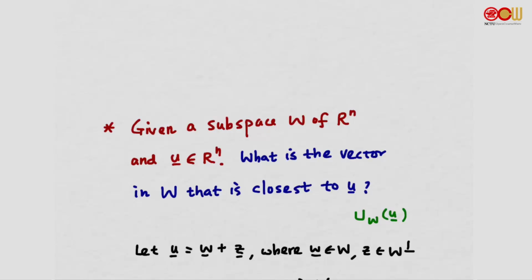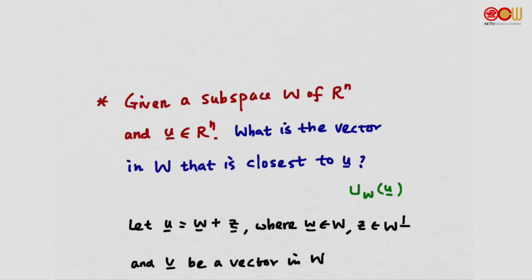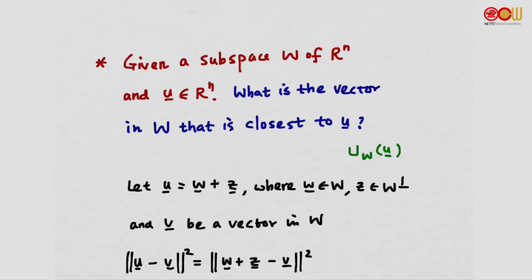For an arbitrary vector u in R^n, we can write it as w plus z, where w is in W and z is in W perp. And suppose v is an arbitrary vector in W. Now let's compute the distance between u and v.